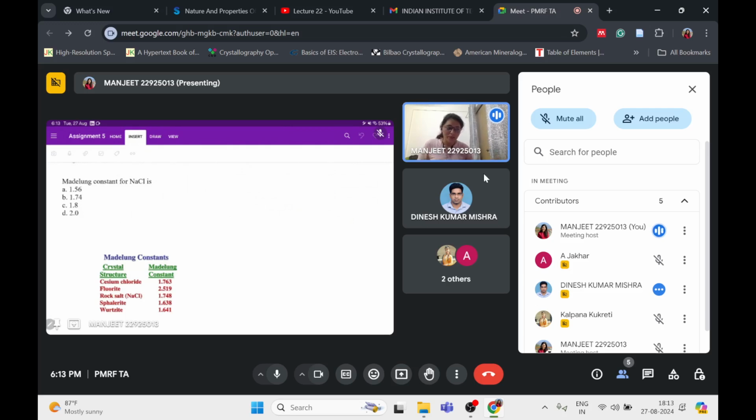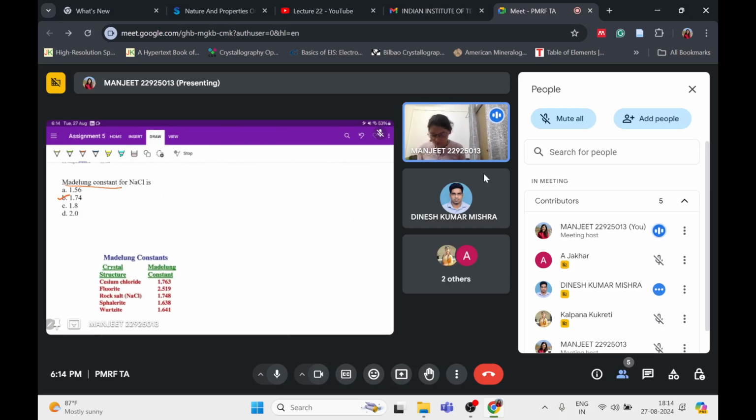The Madelung constant represents the lattice energy of the crystal structure, which helps to determine the potential of a single ion, where we consider all the other atoms as point charges. So this is helpful to calculate the potential energy of a single ion also. For NaCl it comes out to be around 1.7.